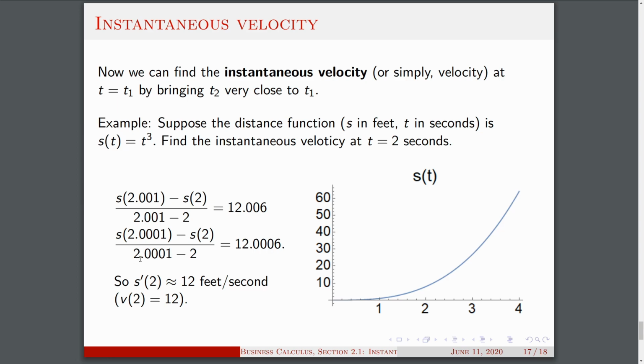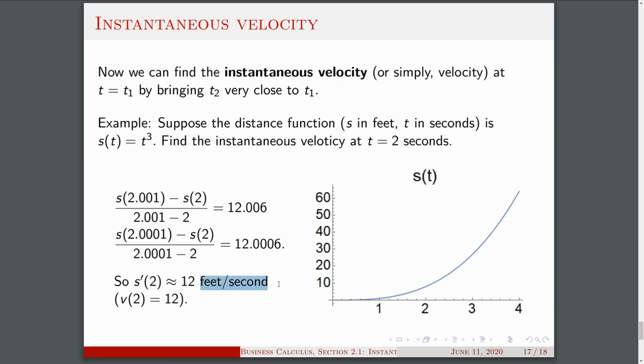What do you think would happen if I chose 2.00001? Well, I would probably get a slope of 12.00006, right? So we would just have more zeros. So you see that really what's going on here is the slope is like 12. Okay, so the velocity at this particular time, 2, is 12.